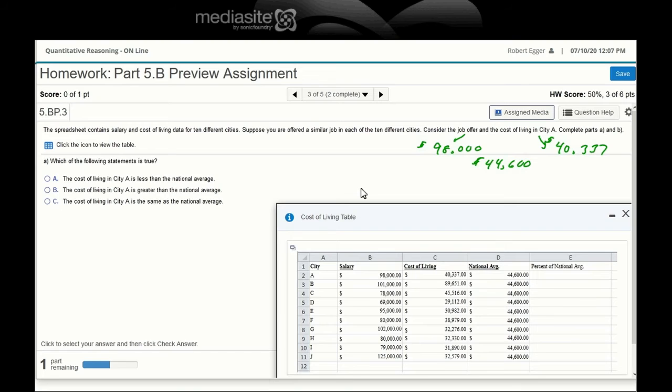So the cost of living in city A is less than the national average. That's true. Cost of city A is greater than? Nope. City A is the same as national? No. Has to be A.